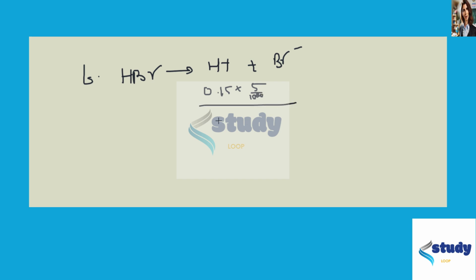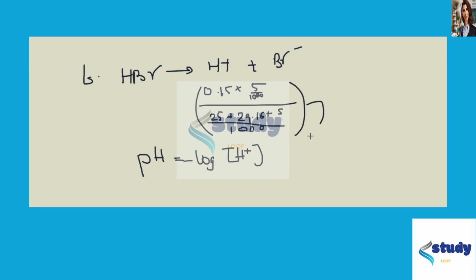Thumb rule. The amount of solution is 25 from the original base, 29.16 from the acid that you added, and then 5 from the additional amount of acid that you added beyond the equivalence point. So all of this is going to be plugged in right here.